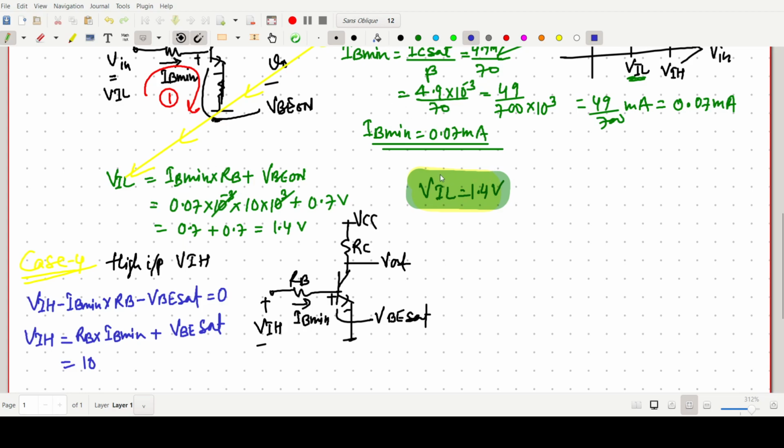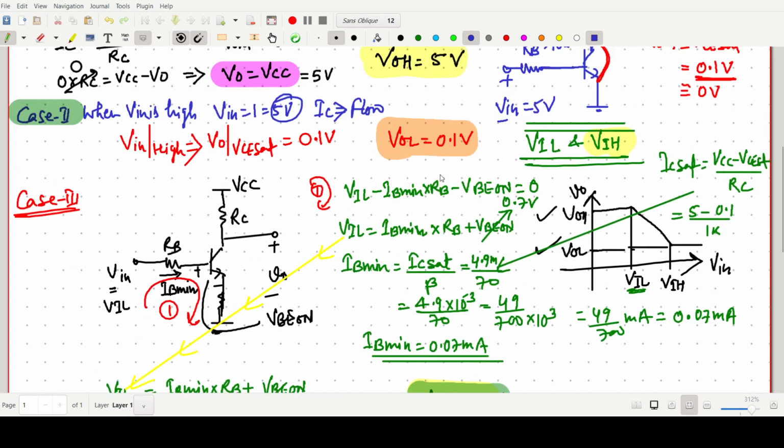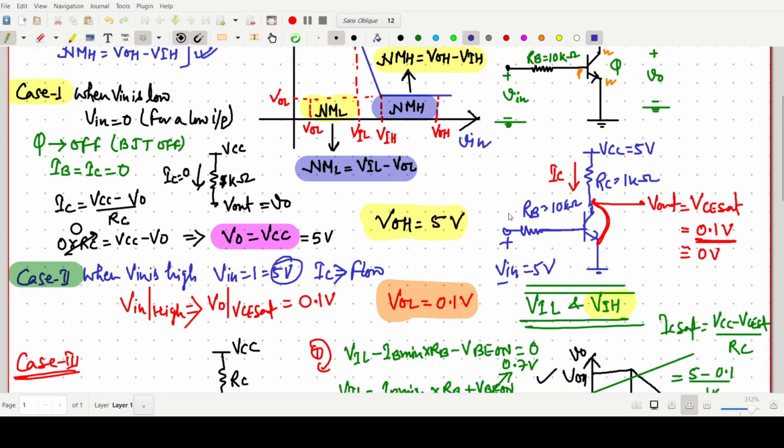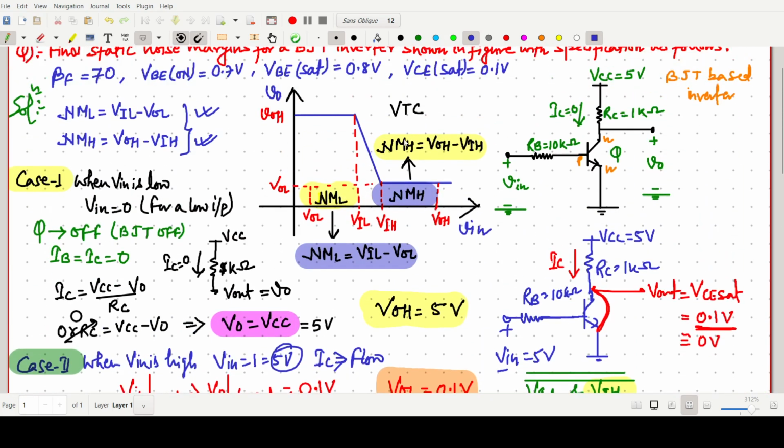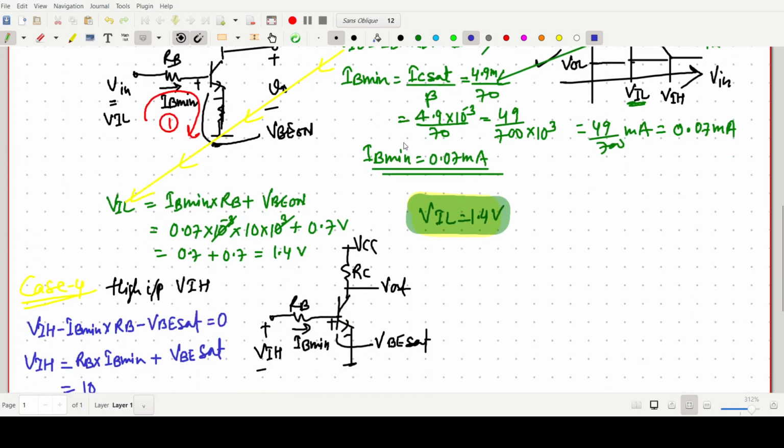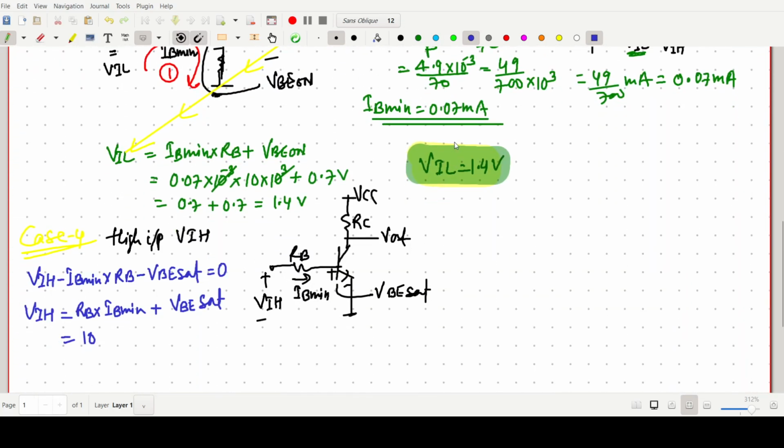So now the RB value is 10K, already known. Once again I am showing you RB 10K, and VBE sat is 0.8 volt, and IB minimum already calculated 0.07.